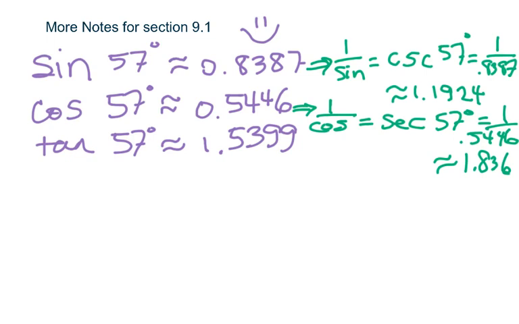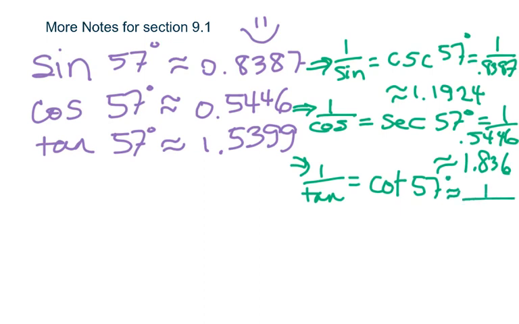Okay. Last, we have tangent, and so the reciprocal of tangent is cotangent. If you want to do cotangent of 57, it's going to be 1 over 1.5399, and that's going to be approximately 0.6494.